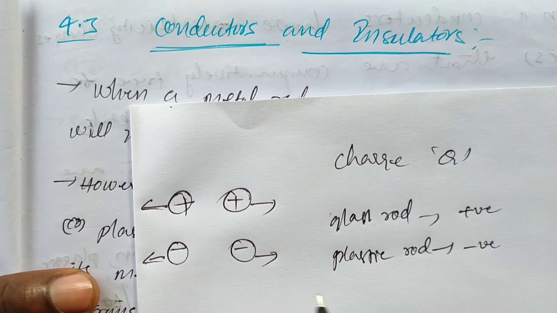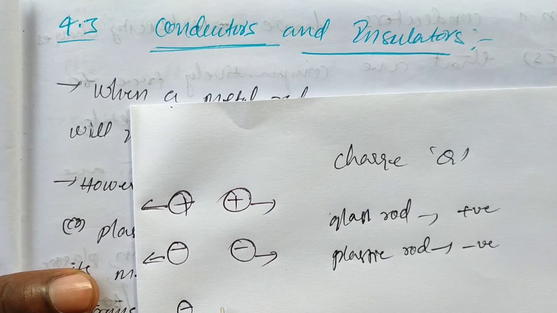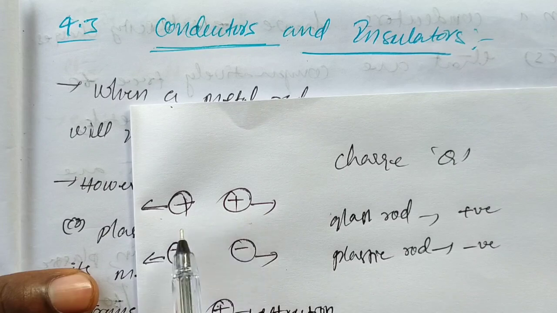Suppose we keep a glass rod and a plastic rod at a small distance. The plastic rod has negative charge, and the glass rod has positive charge. In between them, unlike charges give attraction.